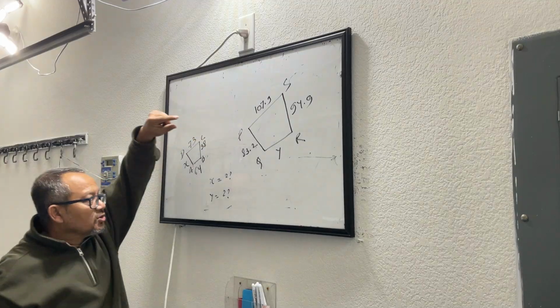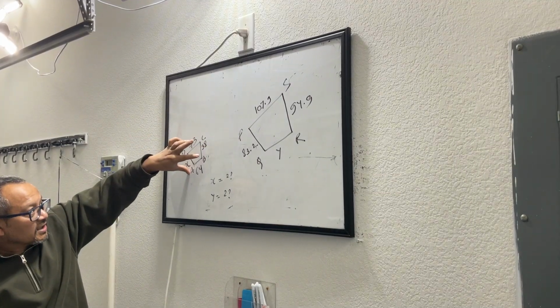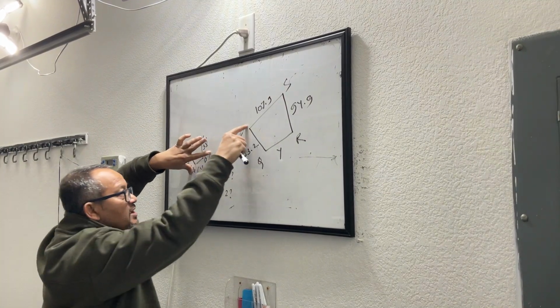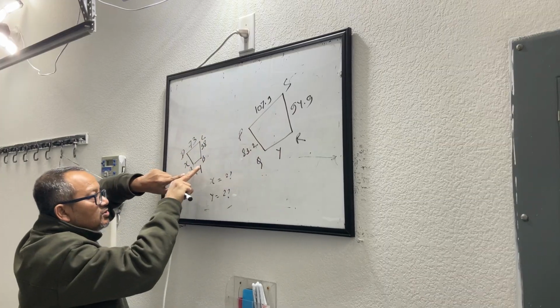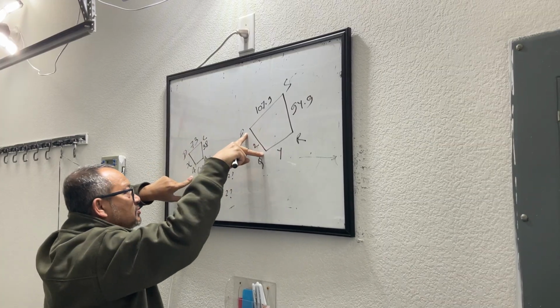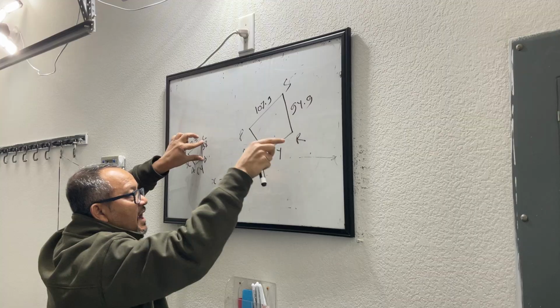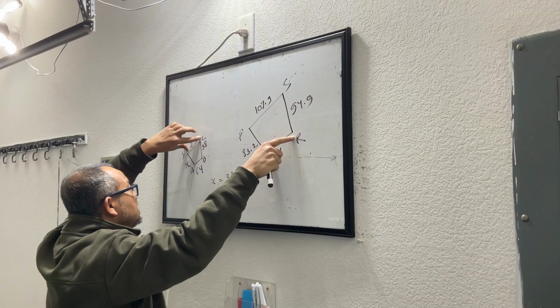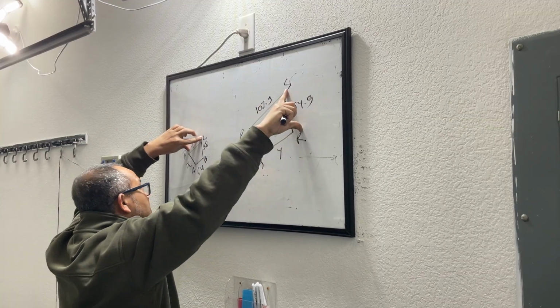So, if you are starting from A here, you are starting from P here. So, AB and PQ, BC and QR, CD and RS.